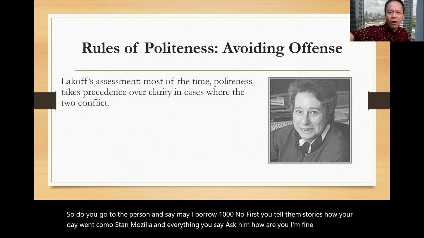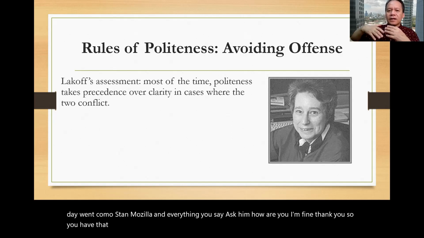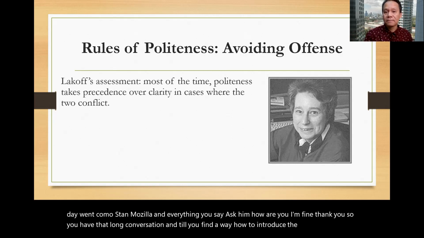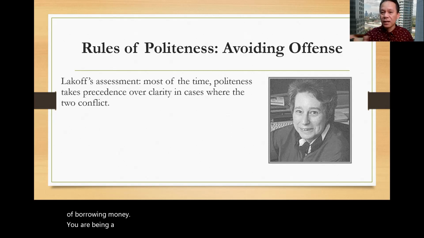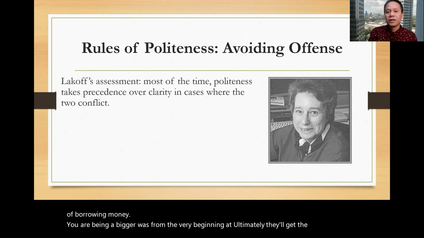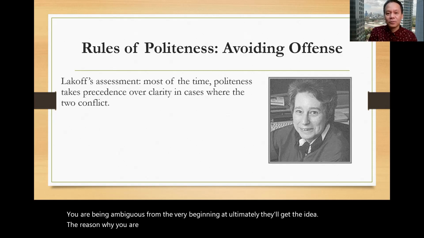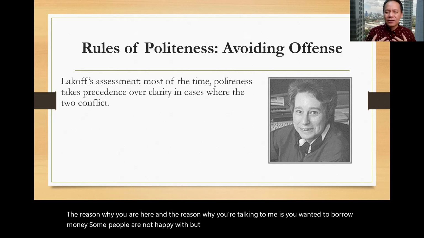So you have that long conversation until you find a way how to introduce the idea of borrowing money. You are being ambiguous from the very beginning. You know, ultimately they'll get the idea. Oh, the reason why you are here and the reason why you're talking to me is you wanted to borrow money. Some people are not happy with that, but in your case, you have to do that.